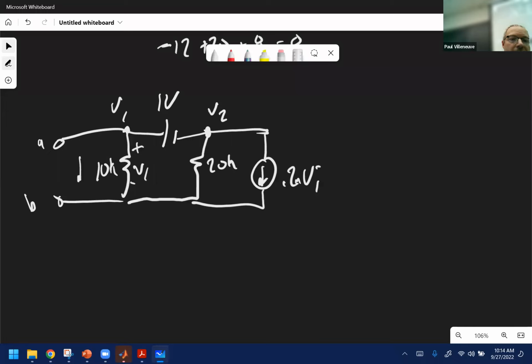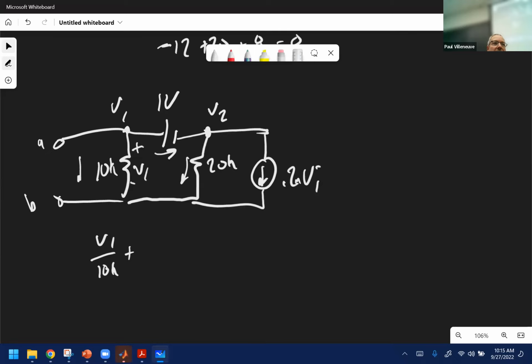So let's say we have that. So we'll do the V1 node. So we have V1 divided by 10K is the current through the 10K resistor. Plus, well, oh boy, we have to do a super node because we don't know the current through there.